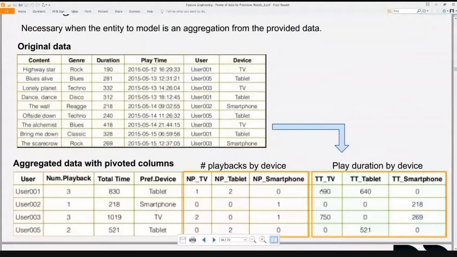So if I play twice, if it was a 90-second song, I play once per TV, it's 90 seconds, etc. So you can now find out on which device one spends the most amount of time. So that's pivoting: changing the variables in this column into separate columns and aggregating along those.